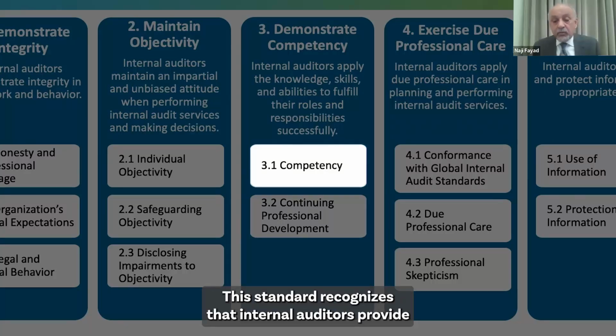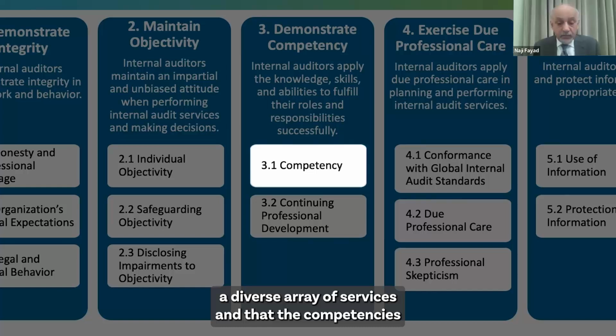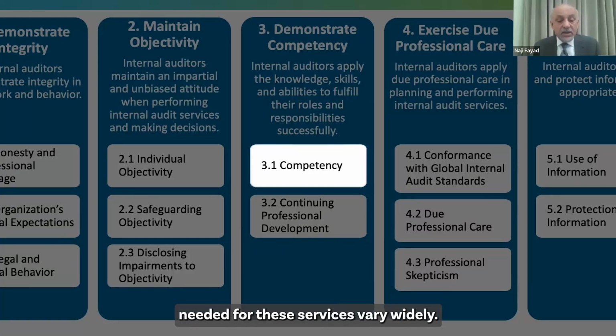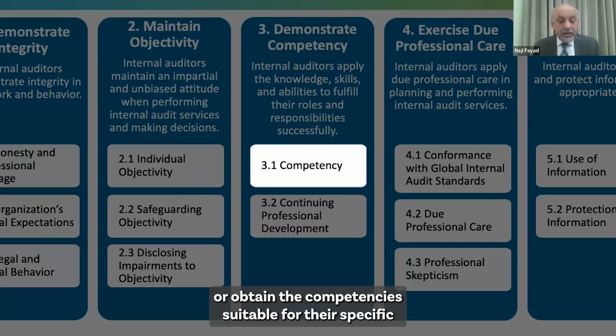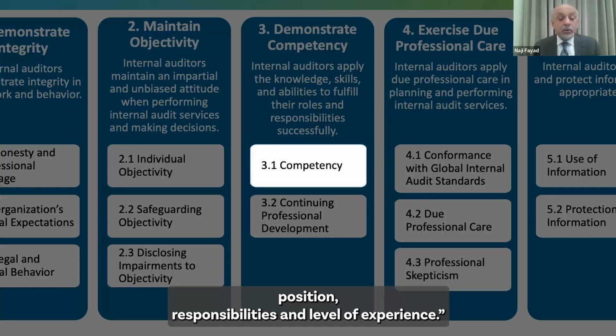This standard recognizes that internal auditors provide a diverse array of services and that the competencies needed for these services vary widely. So basically, the requirements remain general. Internal auditors must possess or obtain the competencies suitable for their specific position, responsibilities, and level of experience.